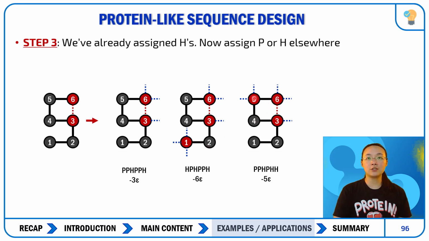If I change this to H, I get 3 plus 2, 5 unfavorable contacts. So you can try different combinations as well, but you get the idea that if I keep adding more and more hydrophobic monomers, then I get more energy penalties for every exposure to a hydrophilic entity.